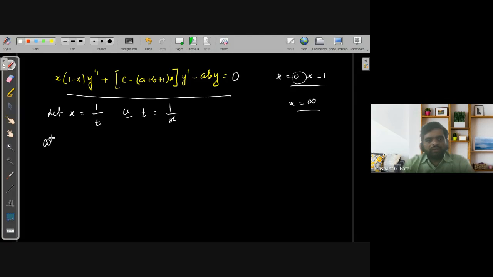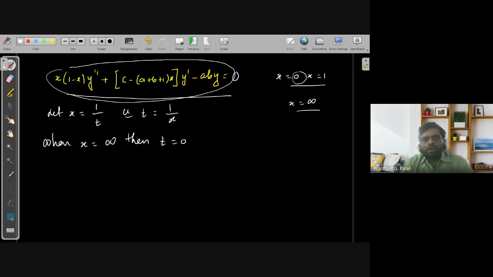When x is infinity, then t will be 0. So we will convert this differential equation into such a differential equation which has a regular singular point at 0. So we need to convert this differential equation into this new variable.